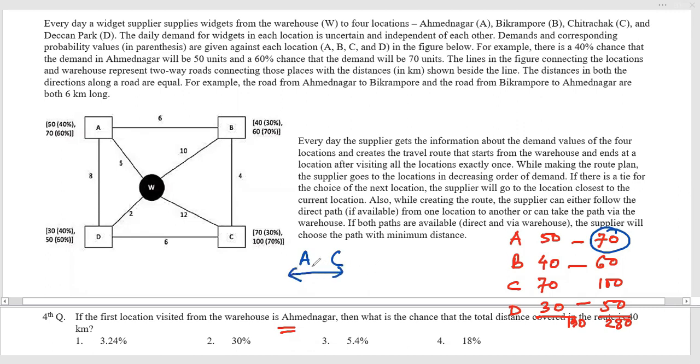To check the probability, I need to find out B and D, because it has already been mentioned that the first location visited from the warehouse is Ahmedabad, and then what is the chance that total distance covered is 40. So AC would already be first, and only the variation is in the BD part. BD, or it can be DB, anything may happen.